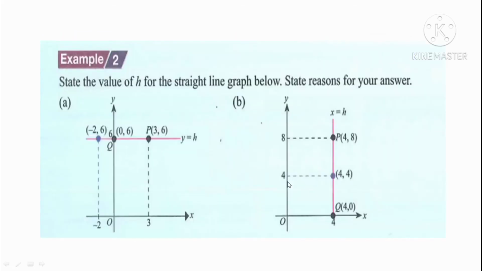So for example 2, state the value of h for the straight line graph below and state the reason for your answer. As we can see here, there are many coordinates, right? The first value is for x and the second is for y.